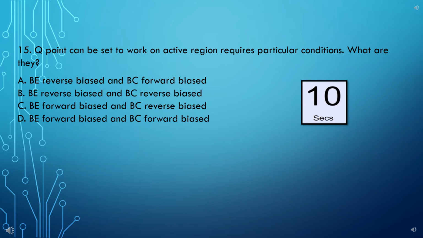D. BE forward biased and BC forward biased. Answer: BE forward biased and BC reverse biased.